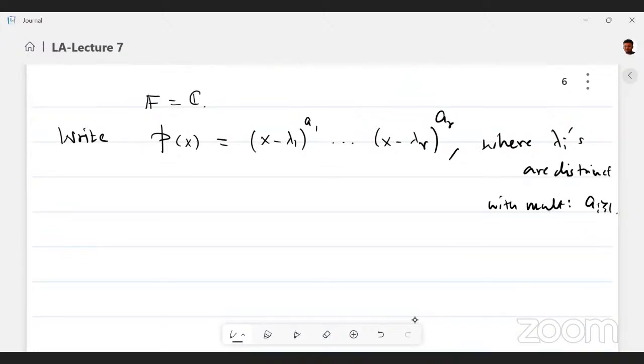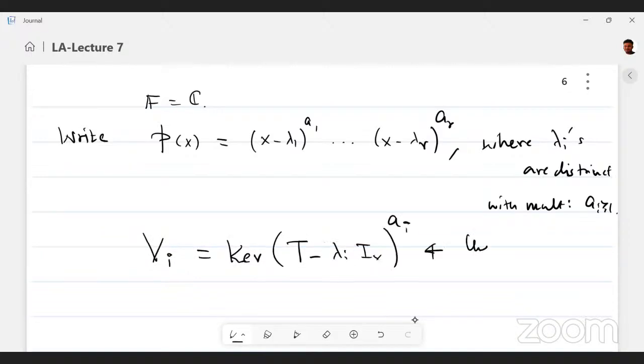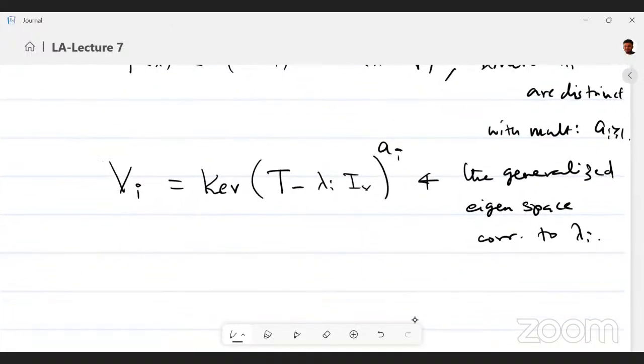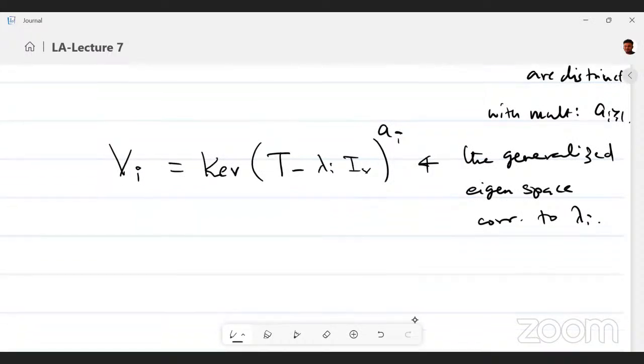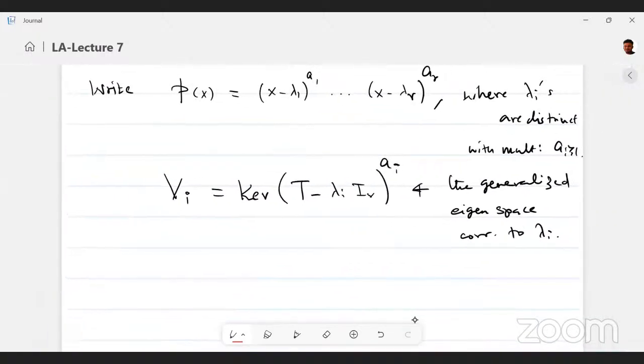So now this allows us to define the generalized eigenspace. You take this Vi, which is the kernel of T minus lambda i identity to the power ai. So this is your generalized eigenspace corresponding to lambda i. Okay, so once you know this generalized eigenspace, it's not that hard to write down the decomposition.